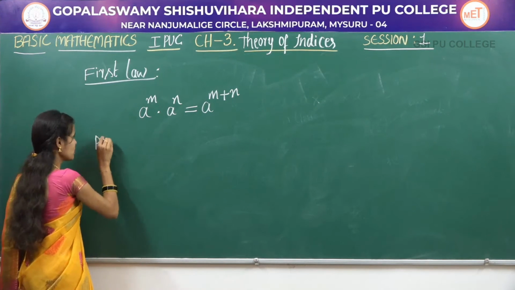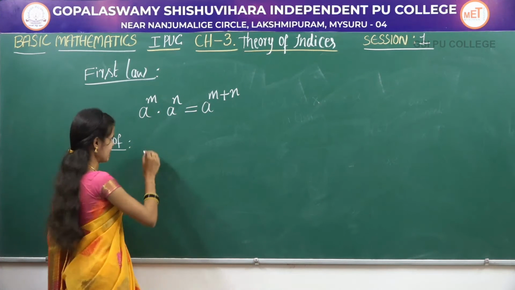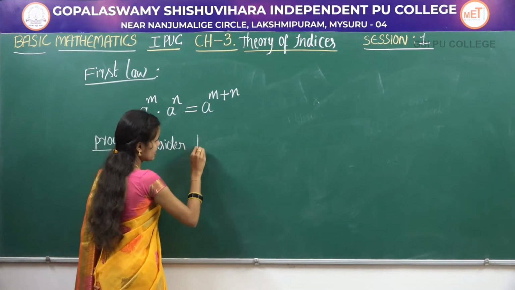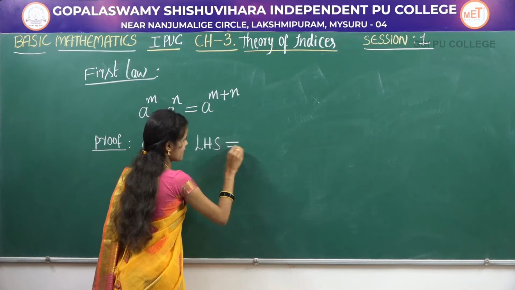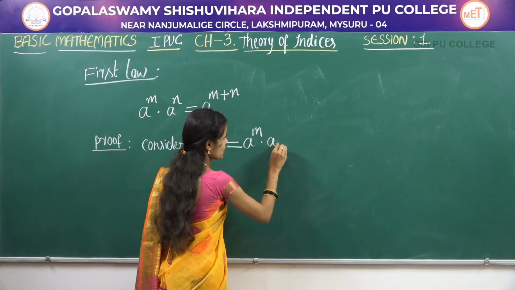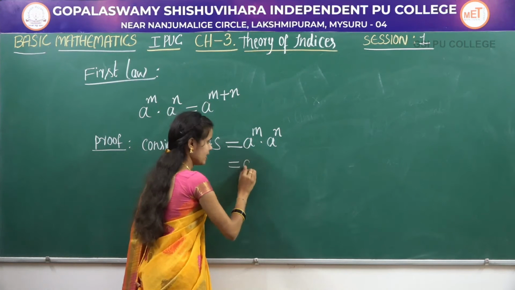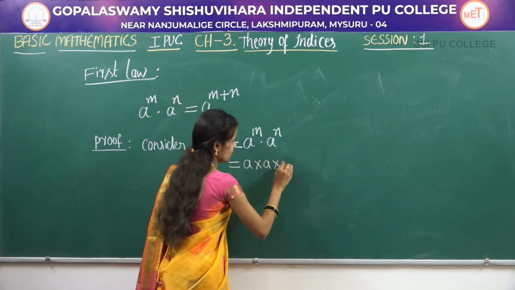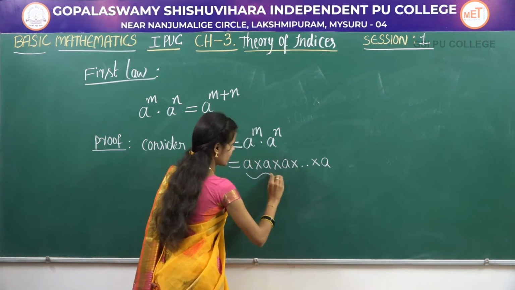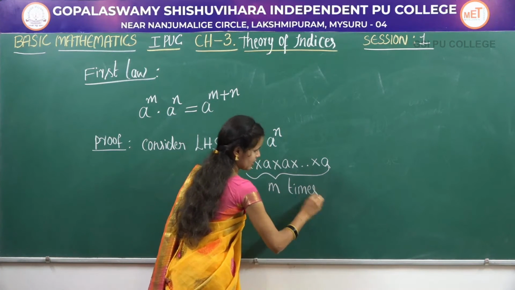So now let us prove it. First consider LHS. LHS is equal to a to the power of m into a to the power of n. So a to the power of m is a into a into a, total m times.